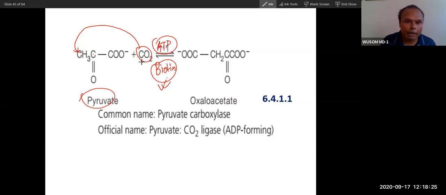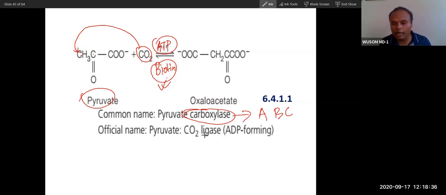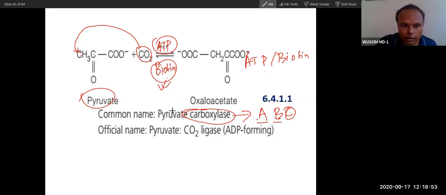All carboxylases utilize biotin for carbon dioxide. If you remember the mnemonic A, B, C for these carboxylases, you will remember the function this carboxylase does. This is a ligase. It utilizes ATP and biotin to do carboxylation. So remember this carboxylase very well.